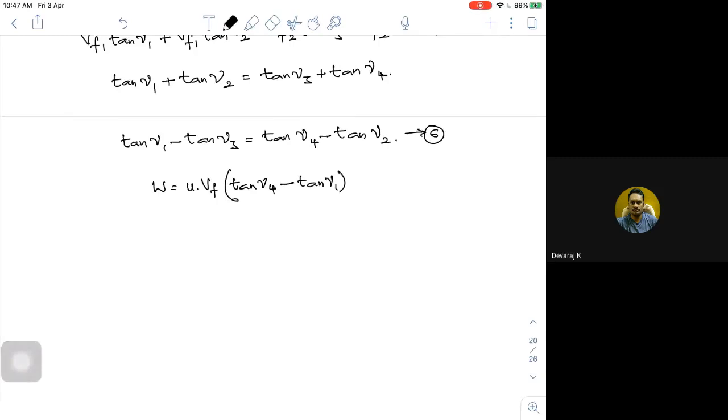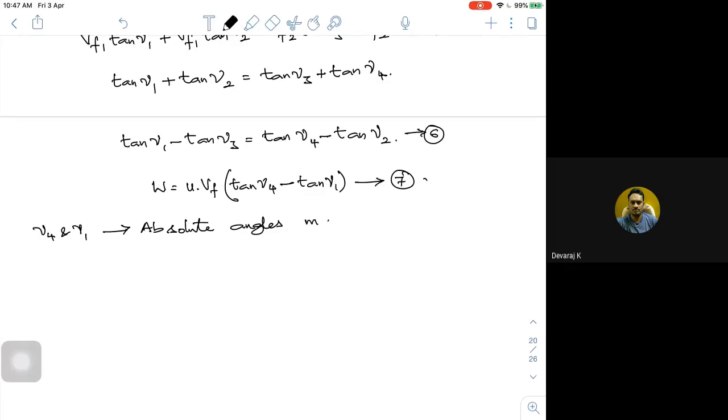So this will be my expression for work done. What is this gamma 4 and gamma 1? They are the absolute angles.